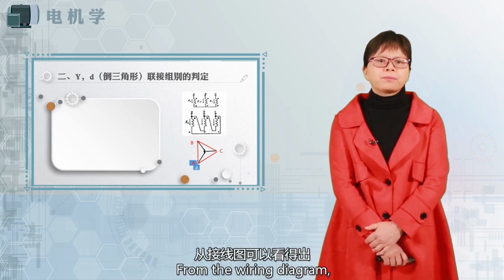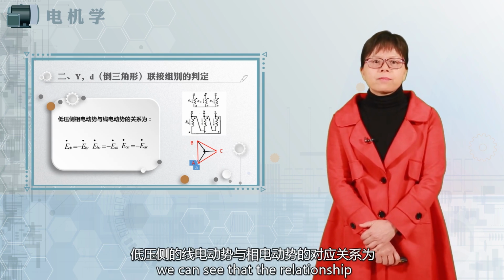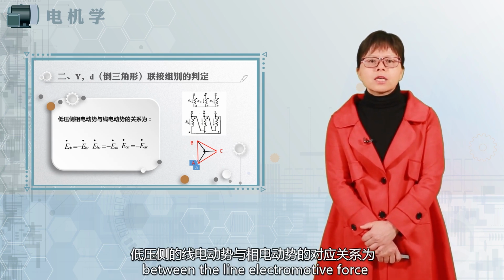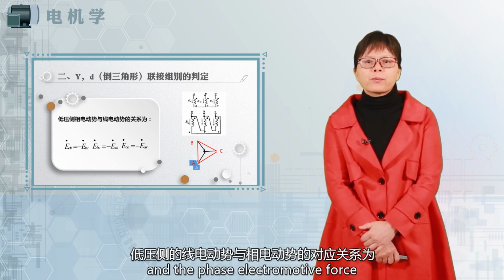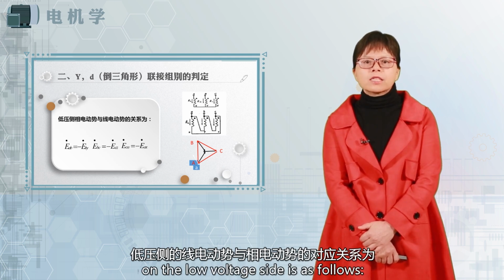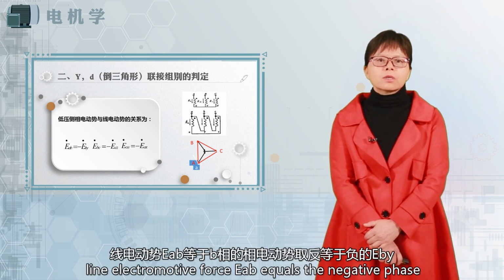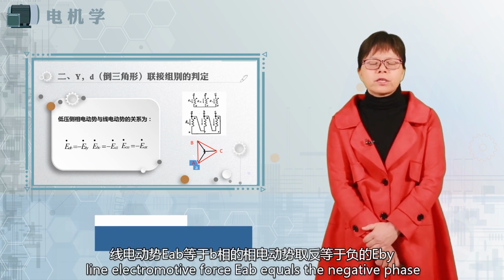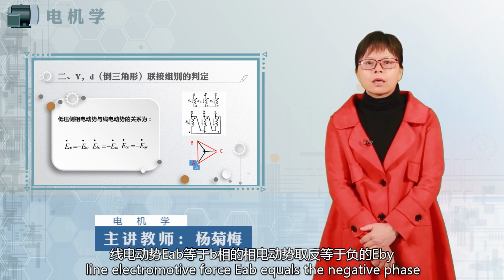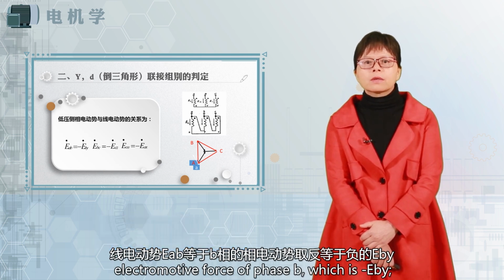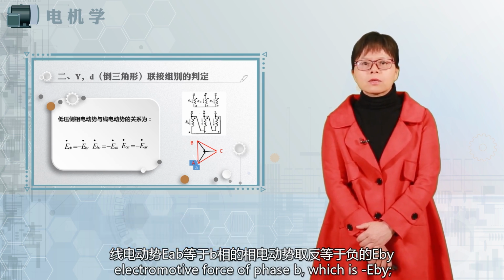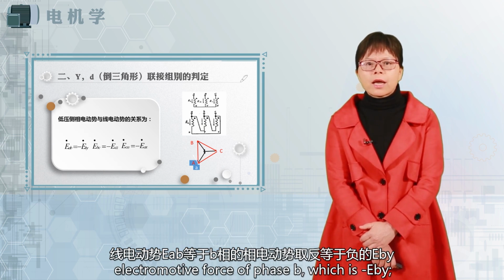From the wiring diagram, we can see that the relationship between the line electromotive force and the phase electromotive force on the low voltage side is as follows. Line electromotive force EAB equals the negative phase electromotive force of phase B, which is EBY.